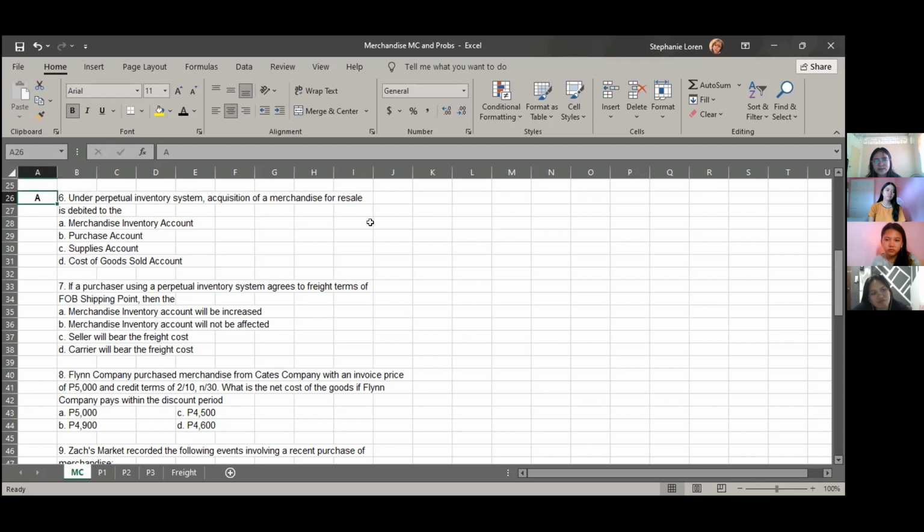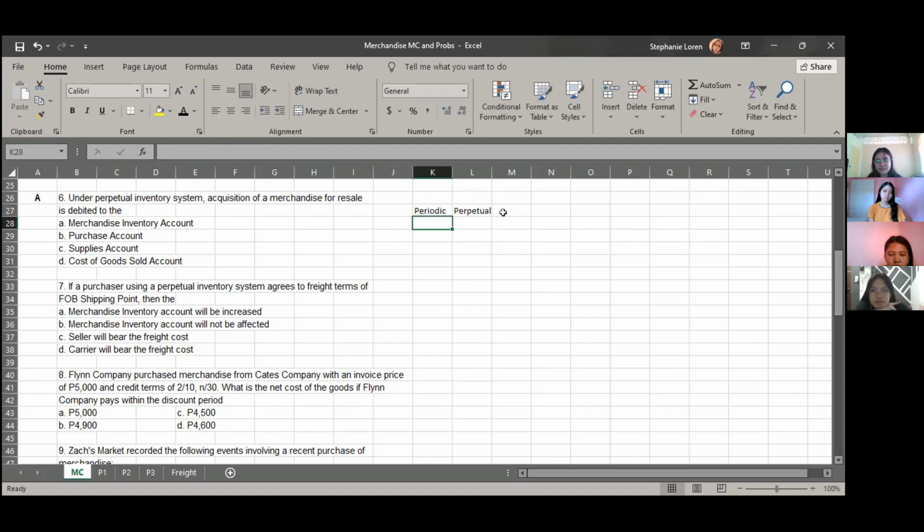Yun, katulad ng sinabi ko sa inyo kanina, di ba? Under perpetual inventory system, each sale, nare-record mo na agad yung cost of goods sold and merchandise inventory account. So, yung compared sa periodic, ganito. Periodic and then perpetual.